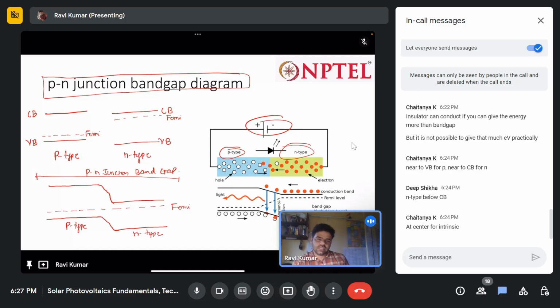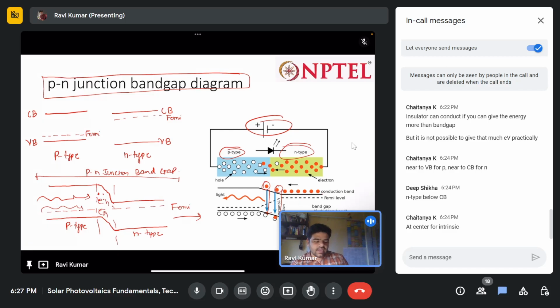Now there are two things. If light is coming at the junction side, this is our junction, so what will happen? Charge carriers will be generated, electrons and holes. In the other case, if those charge carriers come down, they will release some energy that can be in the form of heat as well as light.